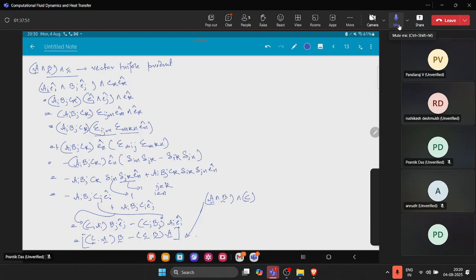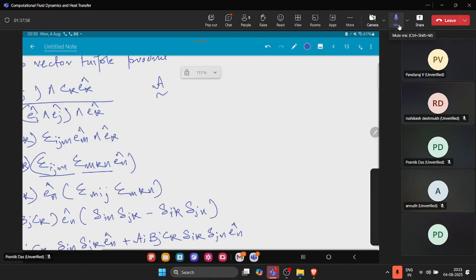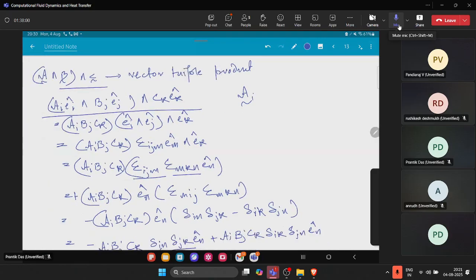So first what I did was take the vector triple product, and instead of A itself I wrote AI EI cap, similarly in place of B I wrote BJ EJ cap, and in place of C I wrote CK EK cap. Then I formed the cross product between EI and EJ, and then the cross product with EK. Since these are scalars, AI, BJ and CK go to the left.